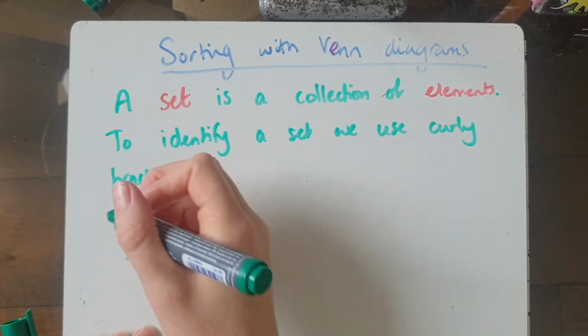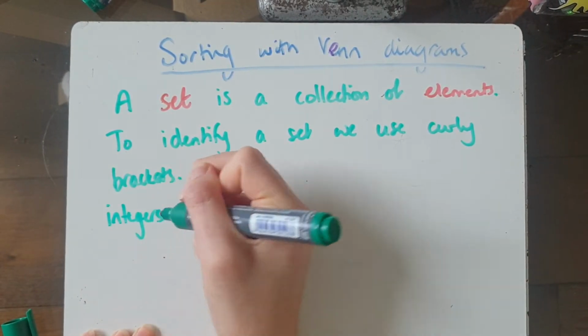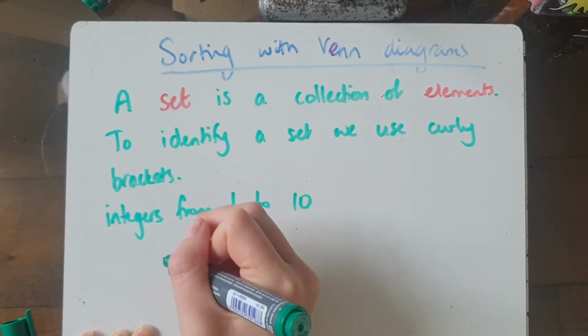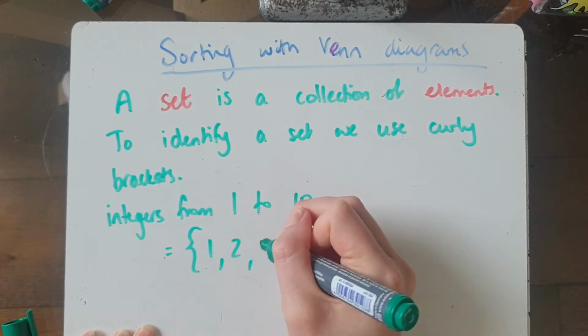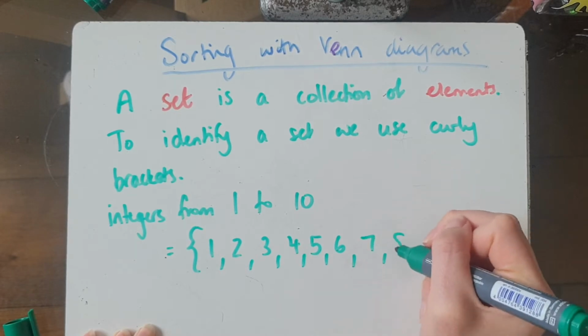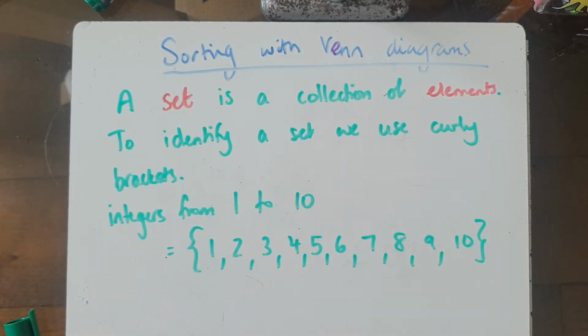So, for example, I could have the set of integers from 1 to 10, and that would be curly bracket 1, 2, 3, 4, 5, 6, 7, 8, 9, 10. And I could then sort that into some different groups.